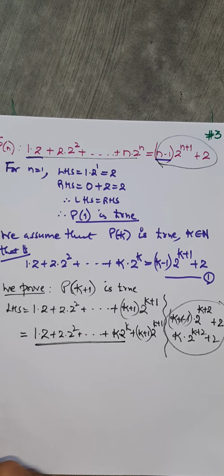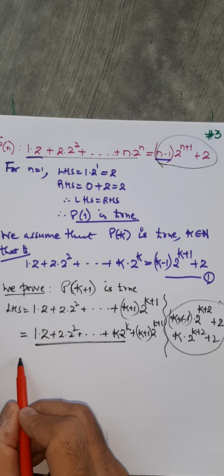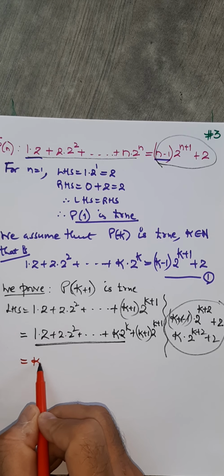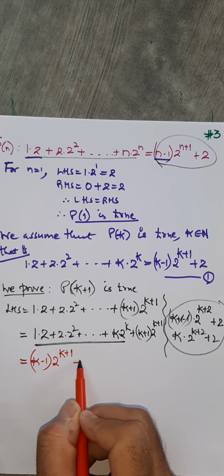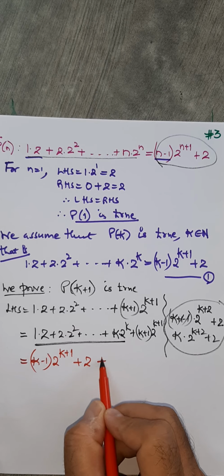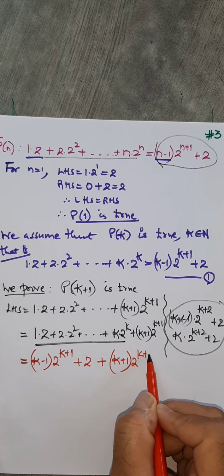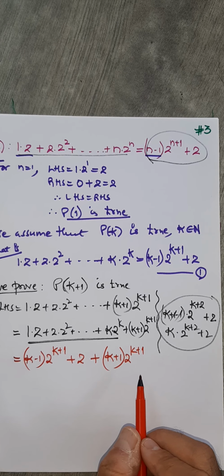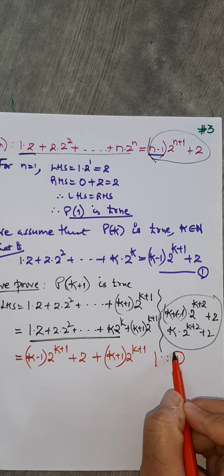This much you know by 1. What is this by 1? This is equals to (k minus 1) into 2 raised to k plus 1, plus 2, this is by 1, plus (k plus 1) into 2 raised to k plus 1. So here reason is because of 1.